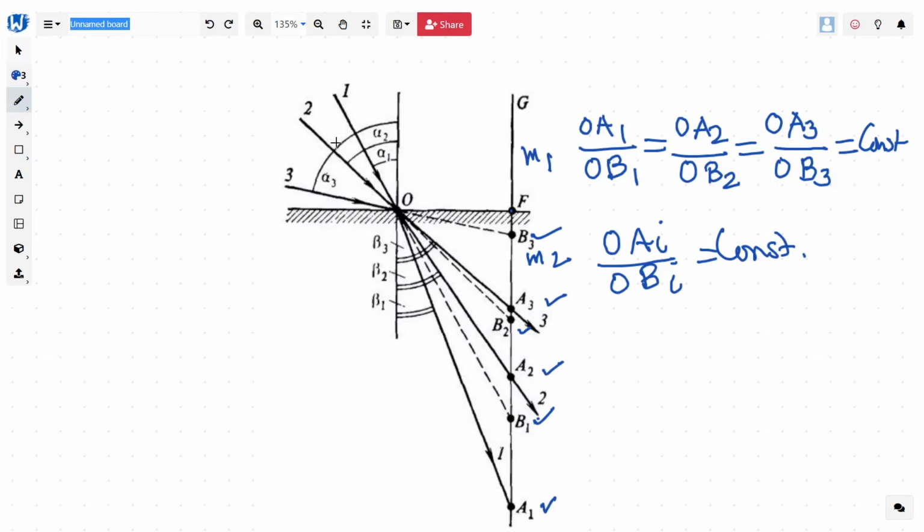Now observe this. This is the angle of incidence alpha 1 and this ray is getting refracted at beta 1. Now this angle here will also be beta 1 because these lines are parallel. So we can simply write OA1 sine beta 1 will be equal to OF in this triangle.